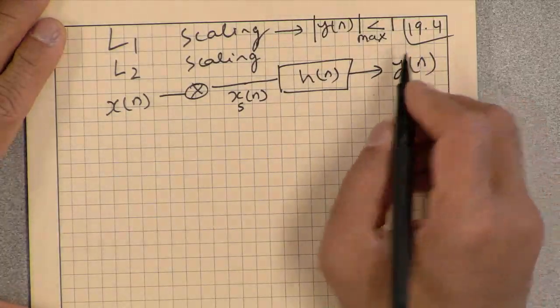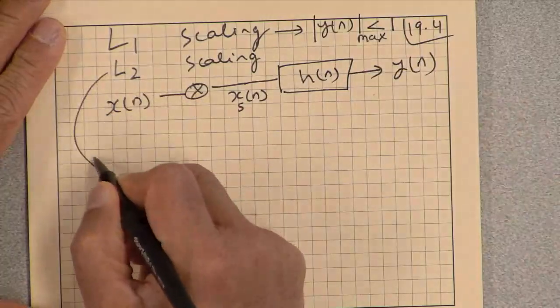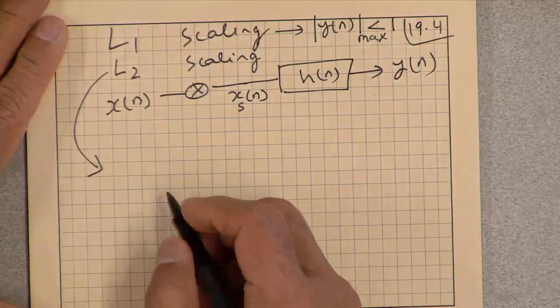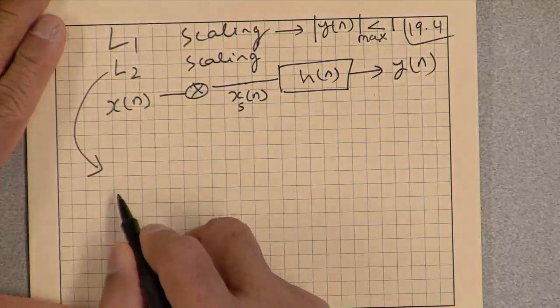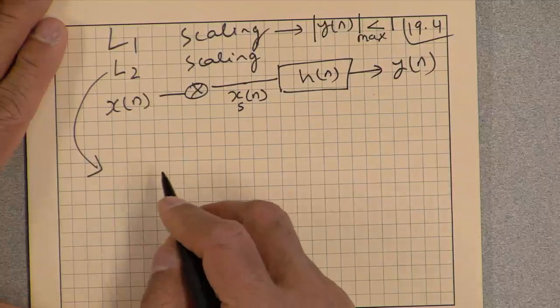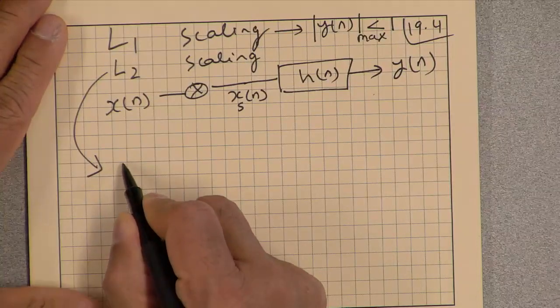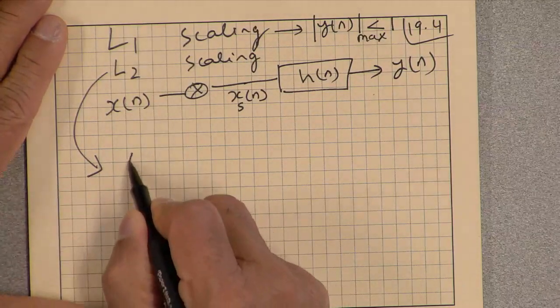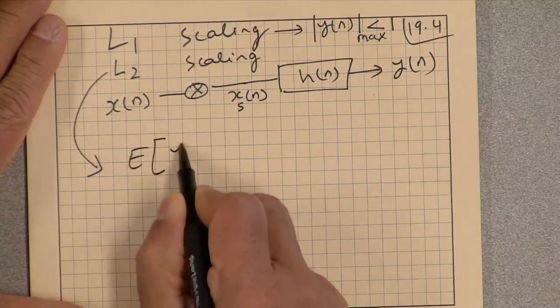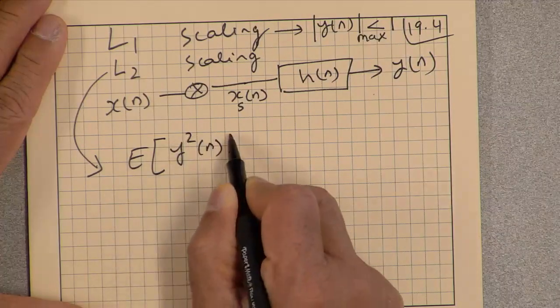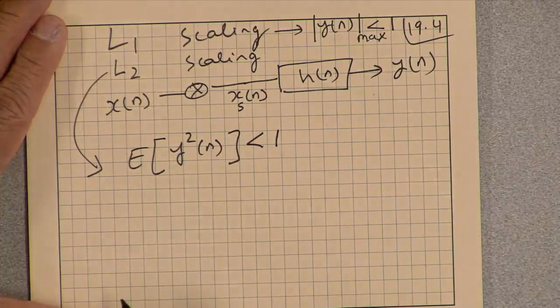L2 scaling, on the other hand, tries to make sure, in some sense, that the mean squared value is less than 1. In general, the expected value of y squared [n] is less than 1. So that's L2 scaling.